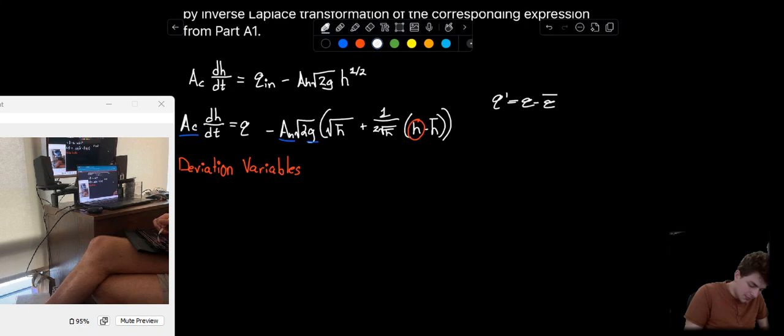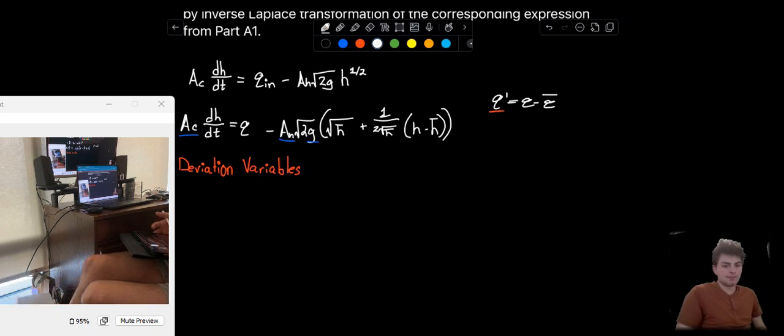And so our prime terms then are going to correspond to the deviation variable itself. The bar term will correspond to steady state, and then our regular term will correspond to what the system is experiencing at any given time, right?